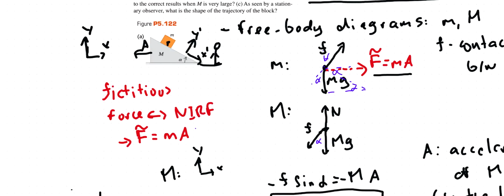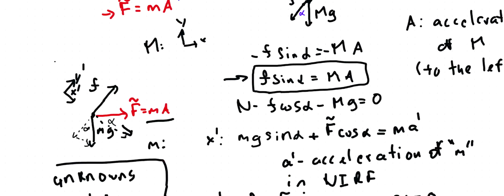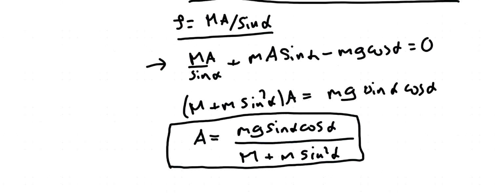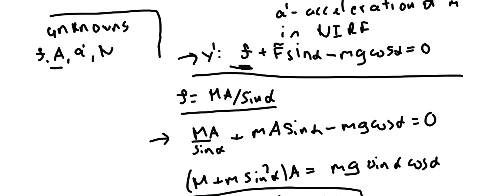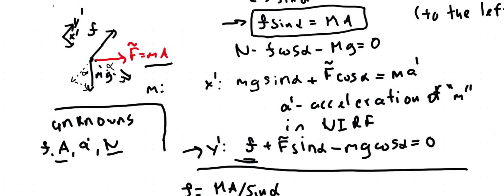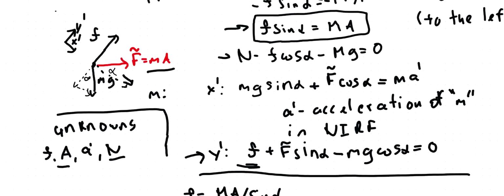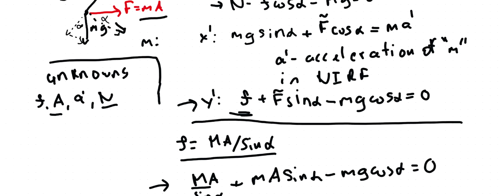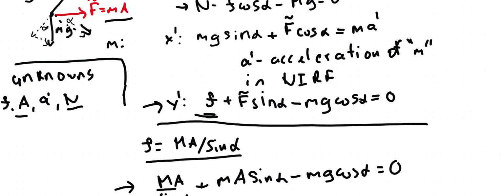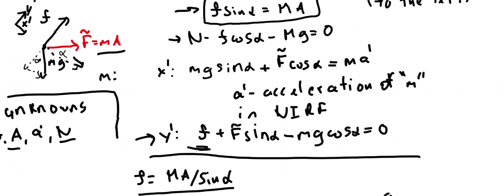Okay, our next part is, well, we still have one equation. Because I said that we're not going to worry about N, so we have one less equation, and N only appears in this equation. We just discard it and forget about it. We used this equation, and we made a substitution into the y prime equation, and that actually gave us the acceleration of the wedge.